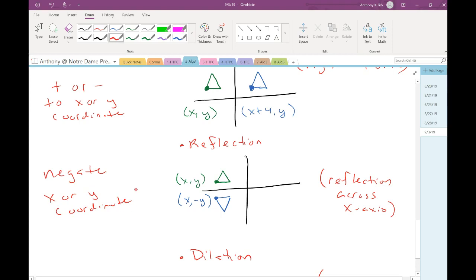So to do a reflection, we're going to negate the x or y coordinate. So in the case of here where we reflected across the x-axis, which one did we negate? The y. Which one do you suppose we'd negate if we reflect across the y-axis? The x. So it's always the opposite coordinate of the axis that you're doing the reflection on.